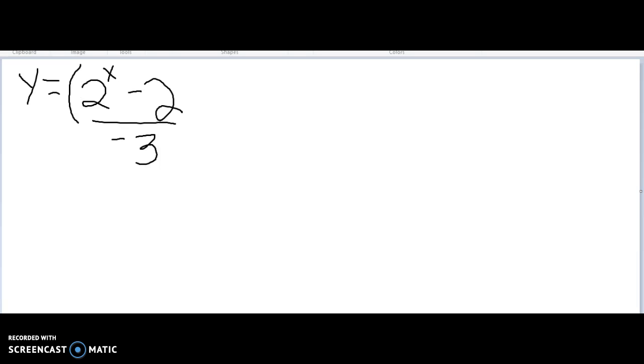Minus 3, all in parentheses. No, this isn't supposed to be a 2 here, or a 2 here. These are supposed to be 6s.